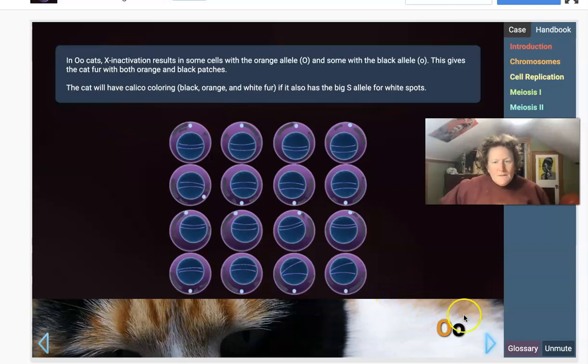If a particular cell inactivates the little o allele, then the other chromosome has the orange, so that cell will make the orange color for fur.